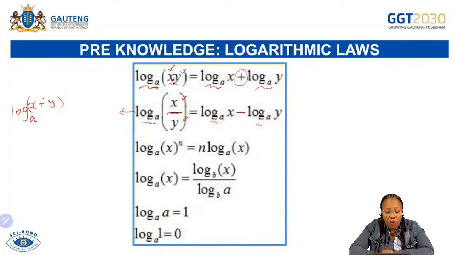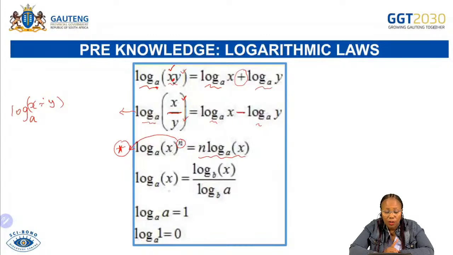And then with the log of x to the power n base A, this rule states that you can remove this exponent and take it as the coefficient of the log. That is why we end up with n log x base A. This will be mostly applied, grade 12, when we are doing our examples. You will look at that when you are doing our baseline assessment.